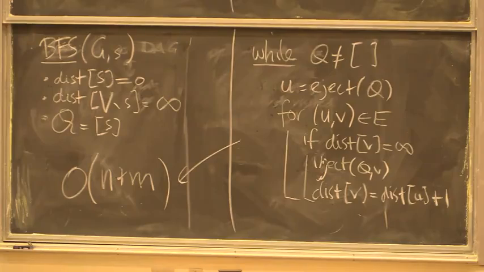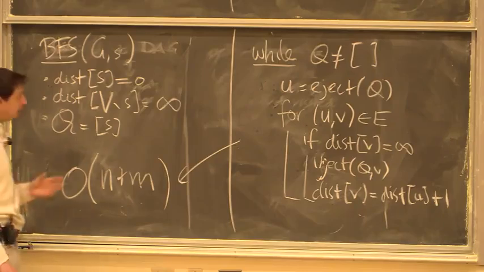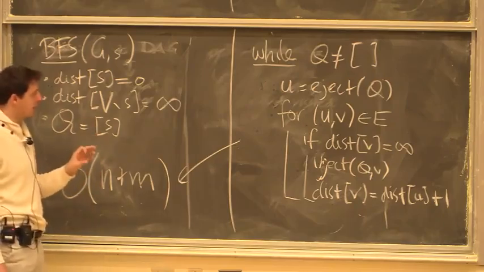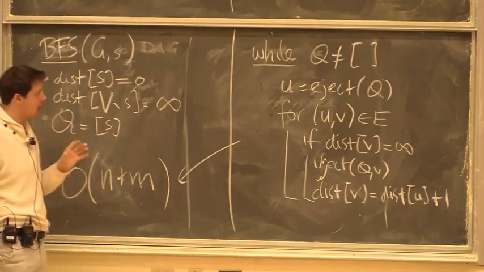Now, I'm not going to go through it in lecture, but if you really want to prove the correctness of this algorithm in a formal way, it's actually not that easy.